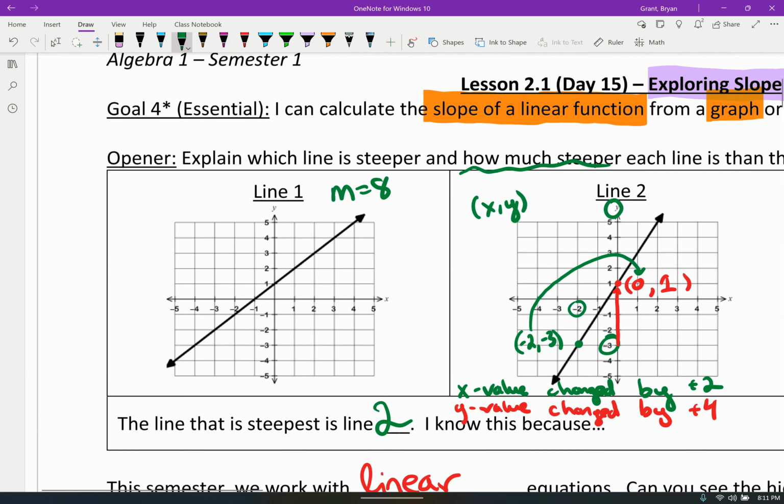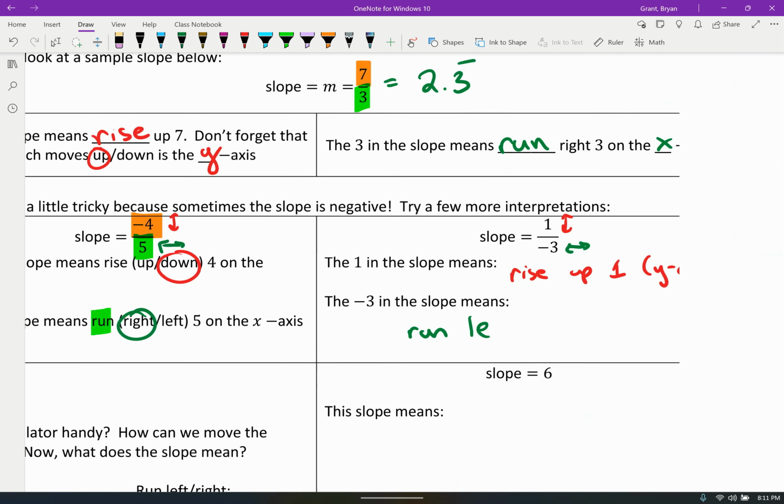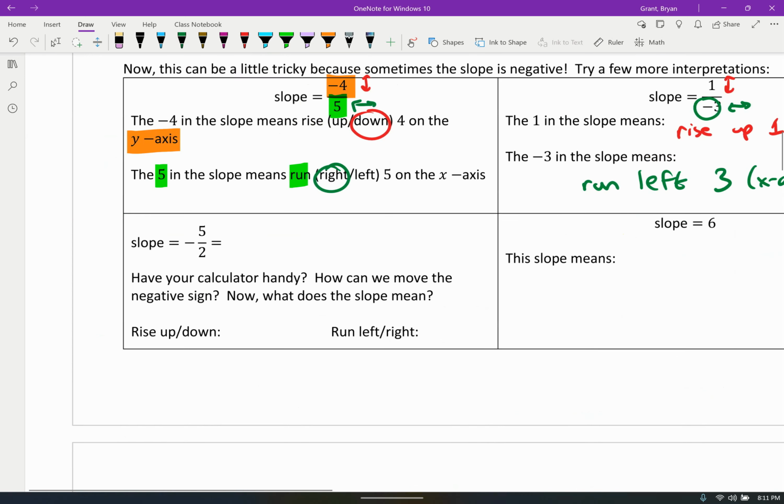Let's see, jumping back over here, x-axis, left and right. Well, I think the negatives are on the left. So if we get this one, this is going to be run left 3, and that's going to be the x-axis. Another way to interpret this is if you increase the y's by 1, you have to decrease the x's by 3. Okay, 2 more.